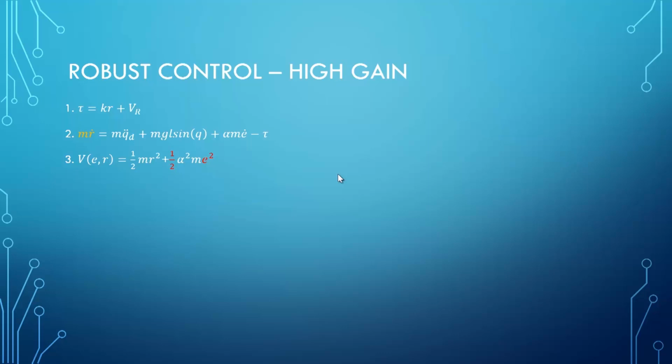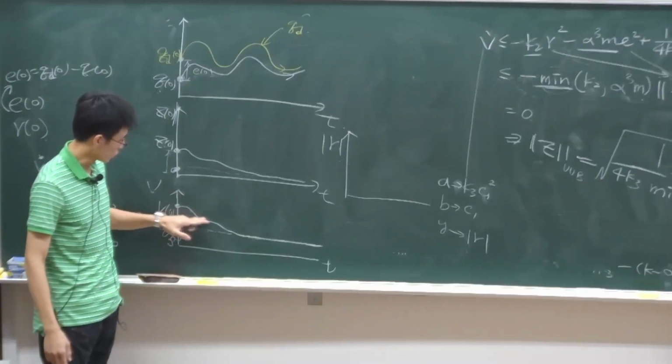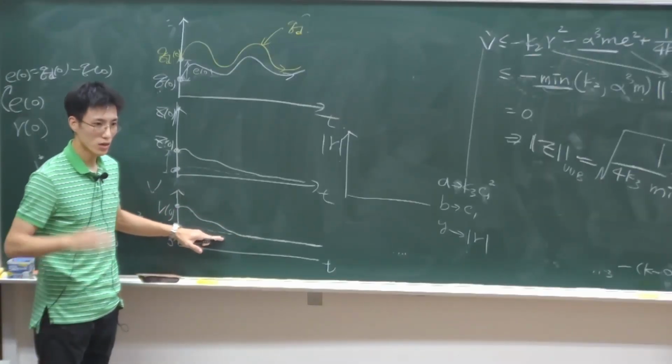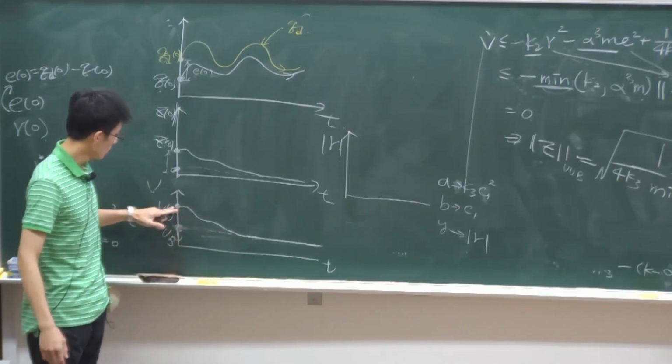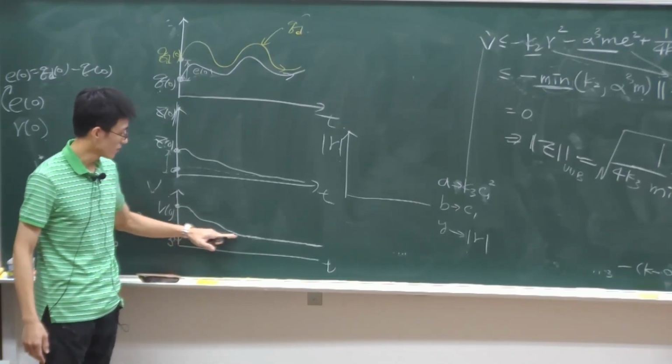If K3 becomes larger, what happens to the UB value? This value is the UB value. It tells you the minimum value V will reach. In a steady state, eventually V will reach this value.